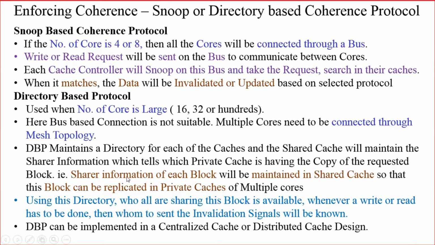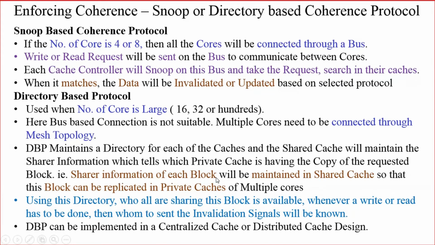What does it mean? The sharer information of each block. What do you mean by sharer information of a block? Which all processors are having the same copy of the block. That is known as the sharers information of a block.